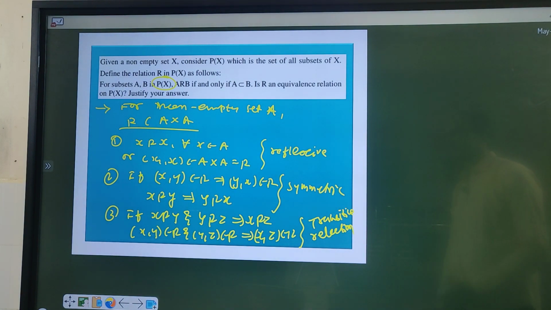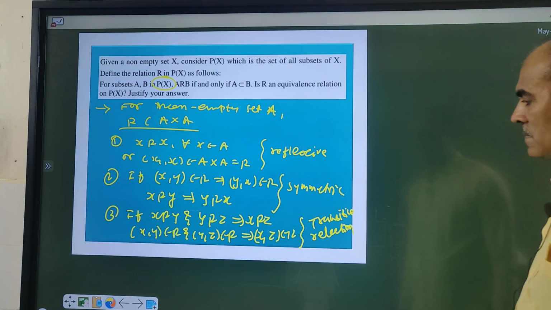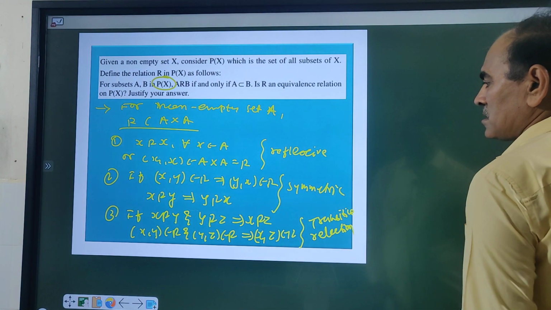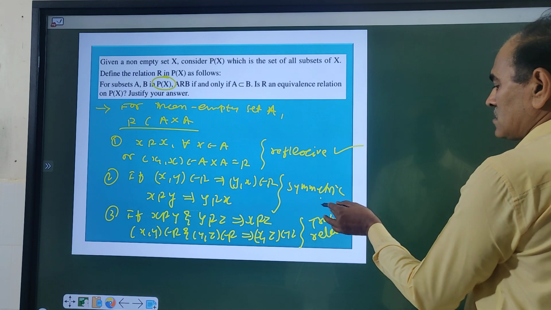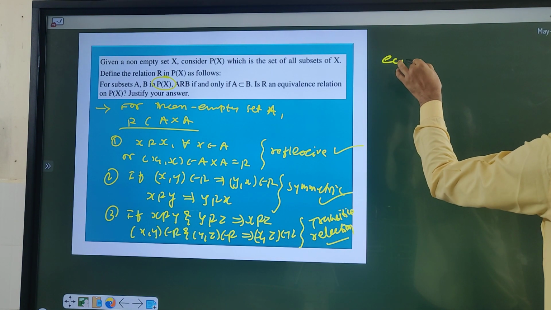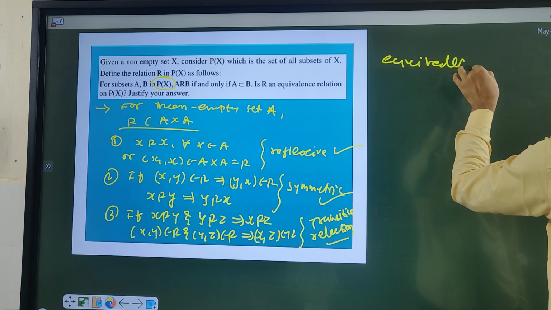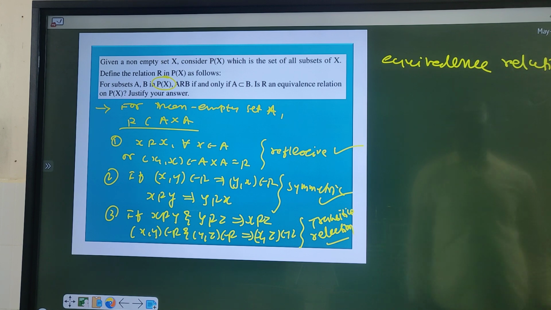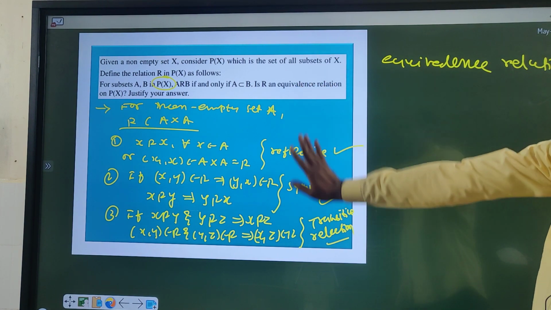Clear? Same way here, if a relation is reflexive, symmetric and transitive, then that relation is an equivalence relation. A number of sums based on that we have already seen.